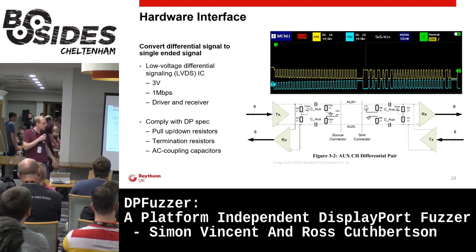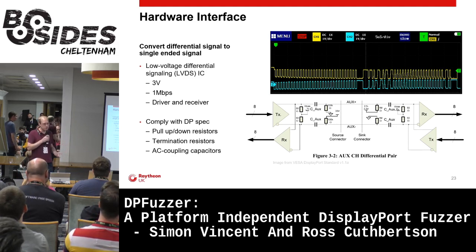So as Ross said, we've got a differential signal, but it's much easier for us if we turn that into a single-ended signal, because we can then use a microprocessor quite easily interfacing with that. One of the first things we did was trawl through RS and Farnell, looking for something that would meet those needs.